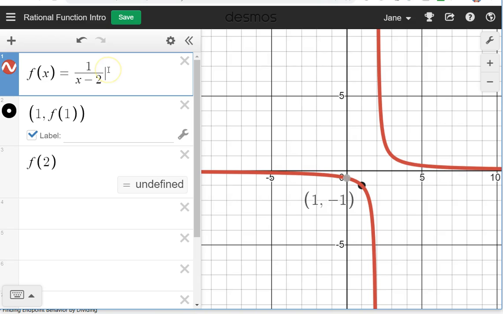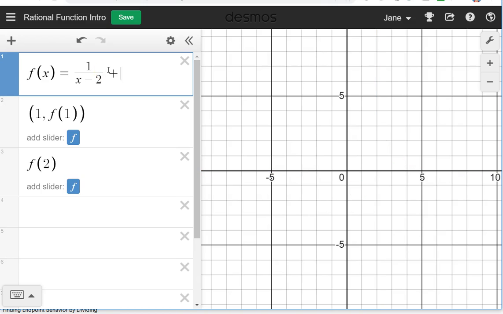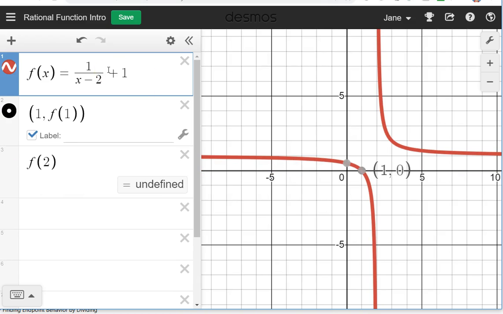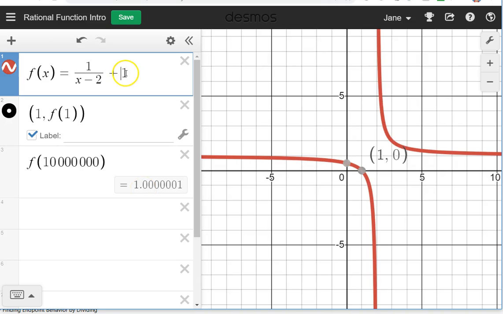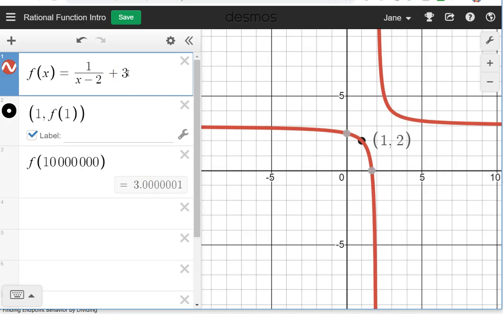What if I add 1 to the function? Now the whole graph is shifted up 1. Before, when I made x really, really big, y got close to 0. Now let me make x really, really big. Oh, y is getting close to 1. If I made this 3 instead, look at this.